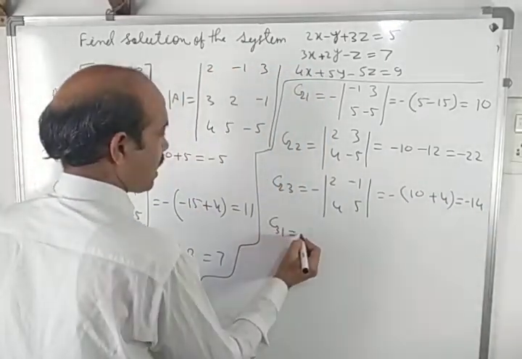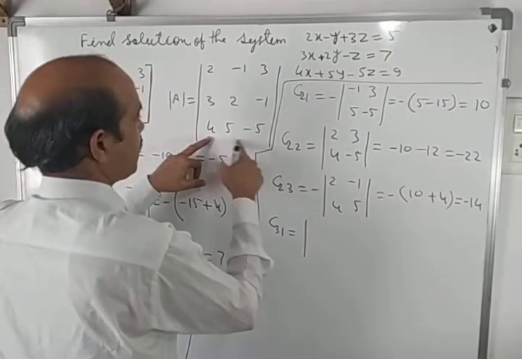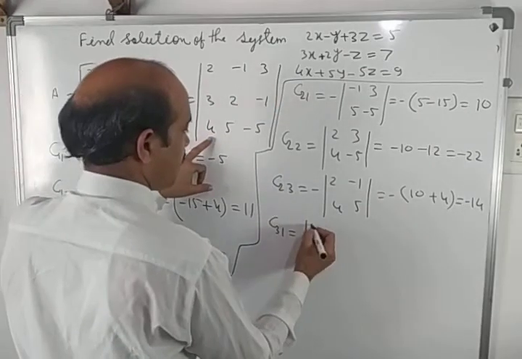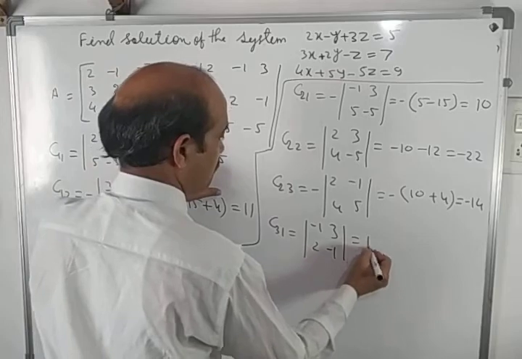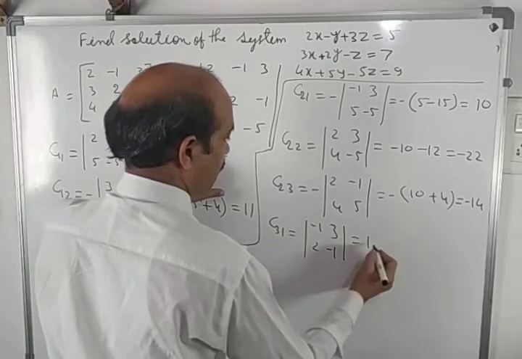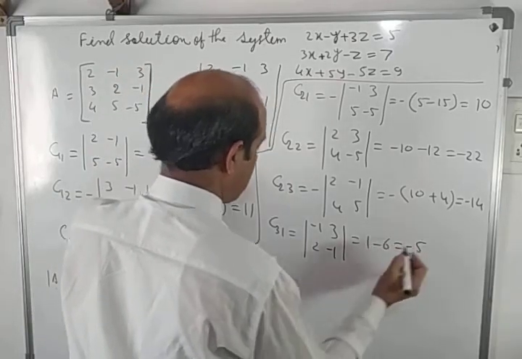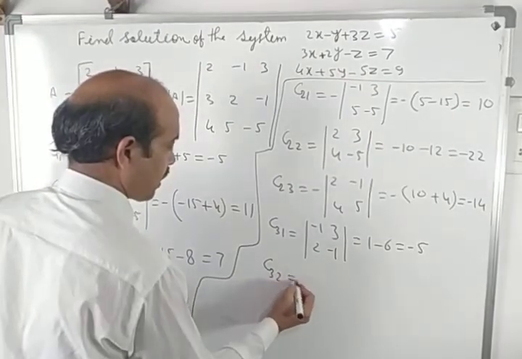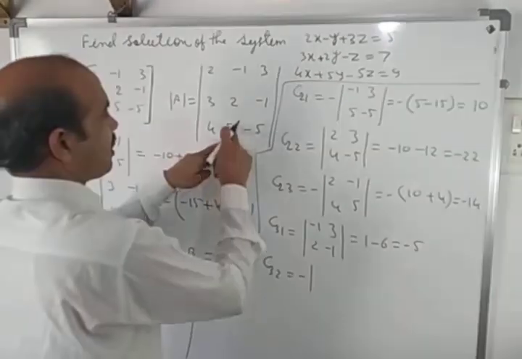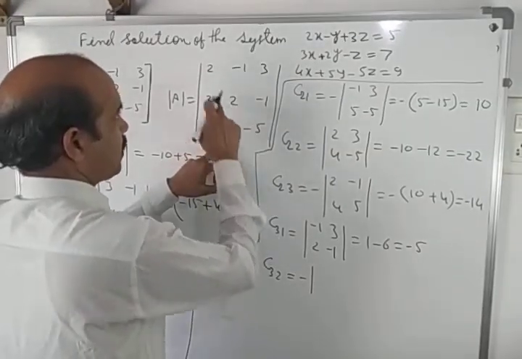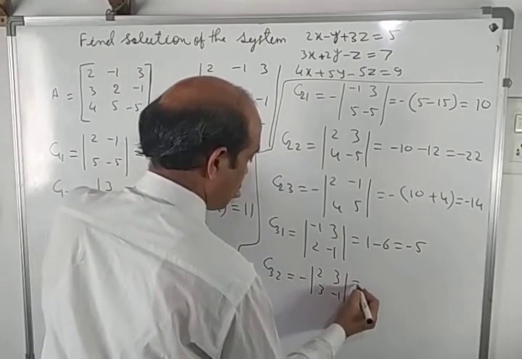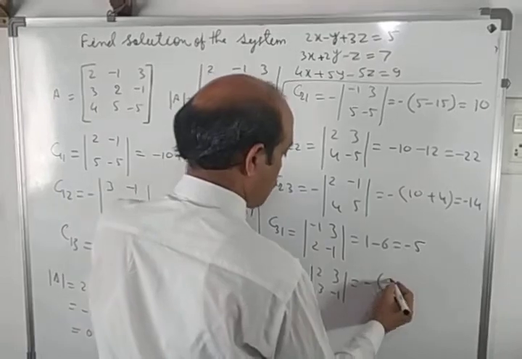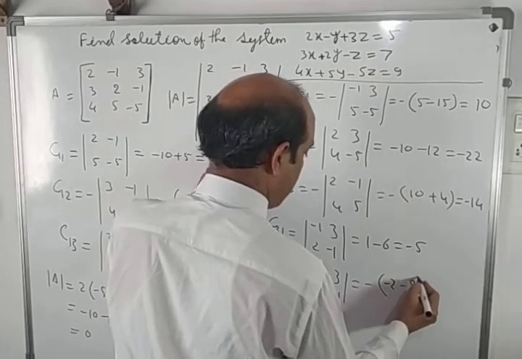Third row, first column, this is minus 1 3, 2 minus 1, 1 minus 6, minus 5. Third row, second column, negative, 2 3, 3 minus 1, minus 2 and minus 9.